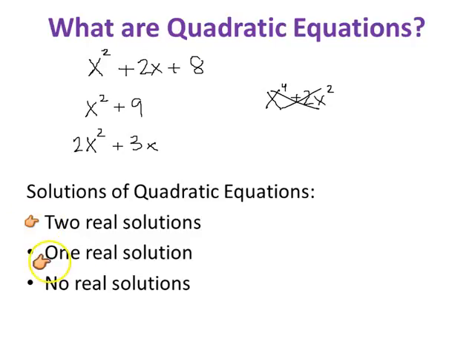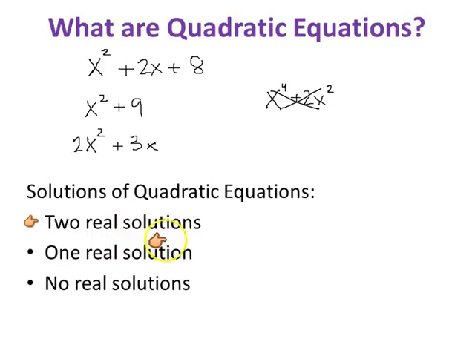So in that case, we had 2 real solutions. And when I say real, those are any numbers. They can be negative or positive numbers. They can include decimals. They can include fractions.